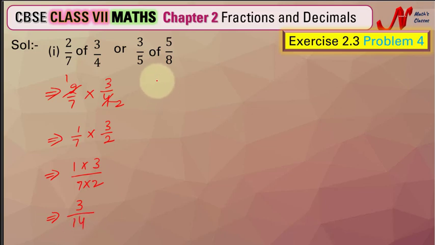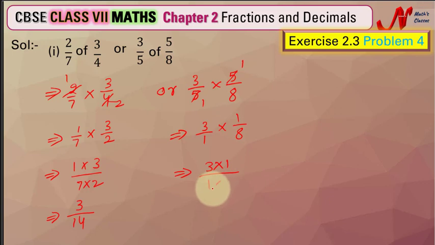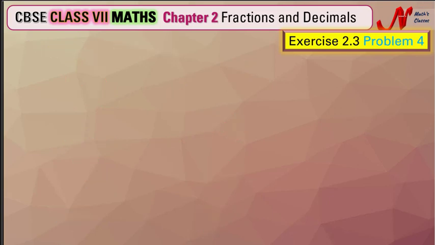Now we simplify the second fraction, 3 by 5 of 5 by 8. So it can be written as 3 by 5 into 5 by 8. Here cancellation is possible, so we cancel 5 ones are 5, 5 ones are 5, which implies 3 by 1 into 1 by 8, which implies 3 into 1 by 1 into 8, which implies 3 by 8. In the resulting fractions 3 by 14 and 3 by 8, numerators are equal.